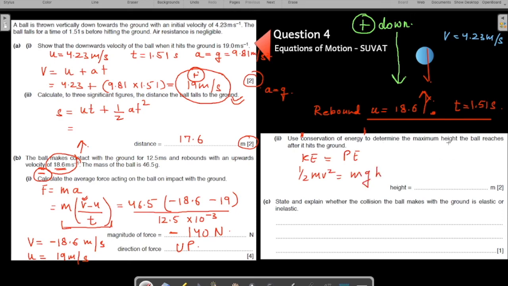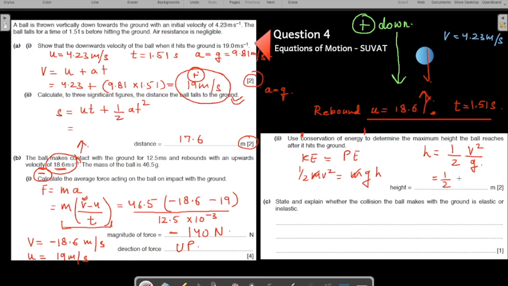They are asking for the maximum height, and m and m you can strike from both sides. So h will be half v squared over g. So what is v here? v is the rebounding velocity of 18.6. So substitute the values.